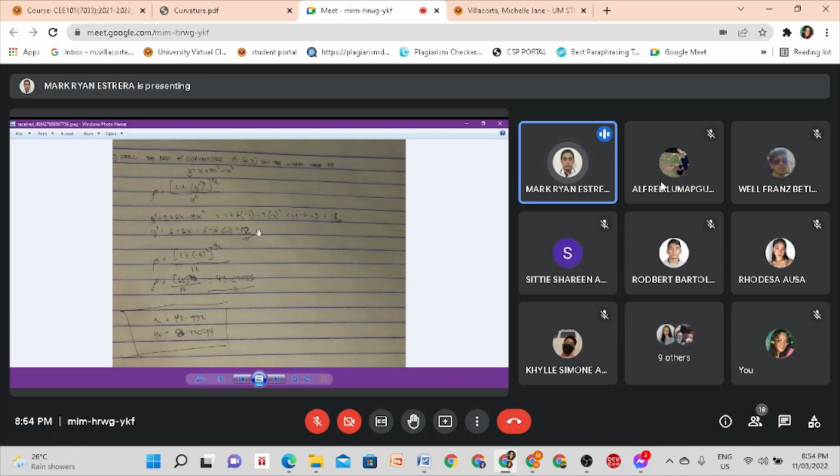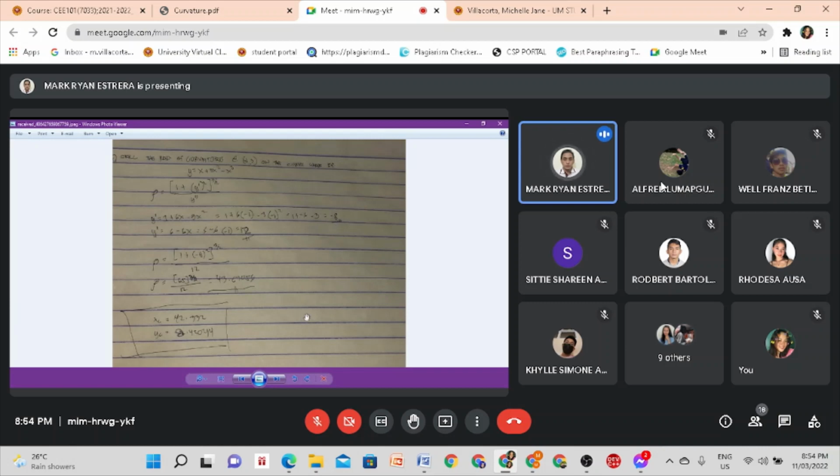After that, we substitute into the radius of curvature formula, and it gave 43.67056. So we got the radius of curvature. The next thing to do is to find the center. I followed the formula directly. First I got theta, using the y prime value of negative 8.